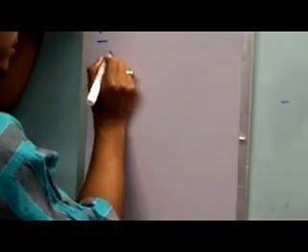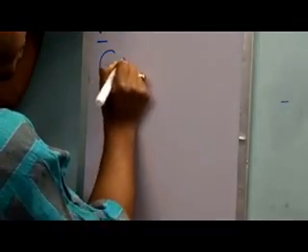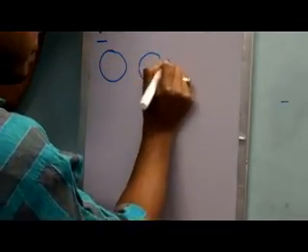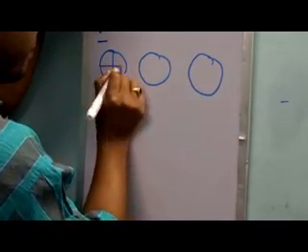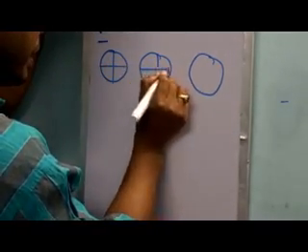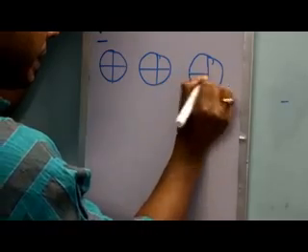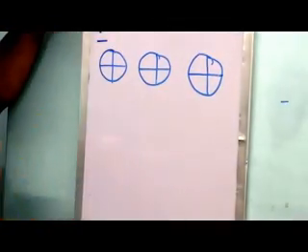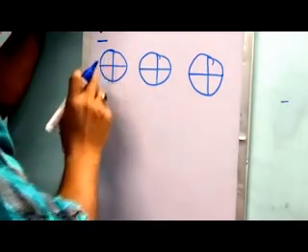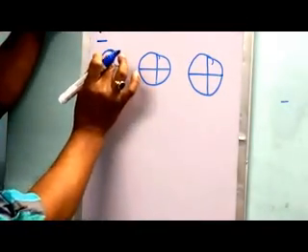I am going to draw a typical diagram over the board here. Concentrate over just here. So it's a circle, and each circle is divided into 4 segments.